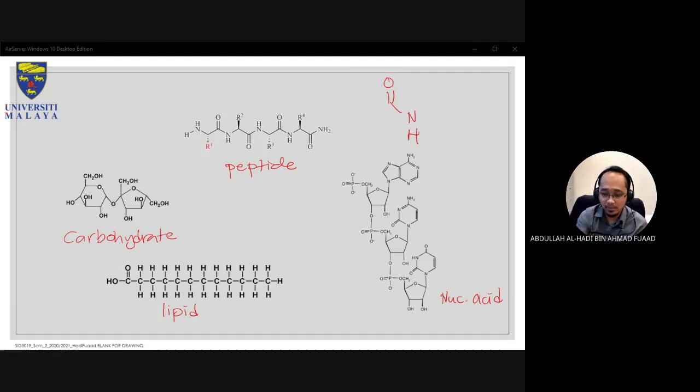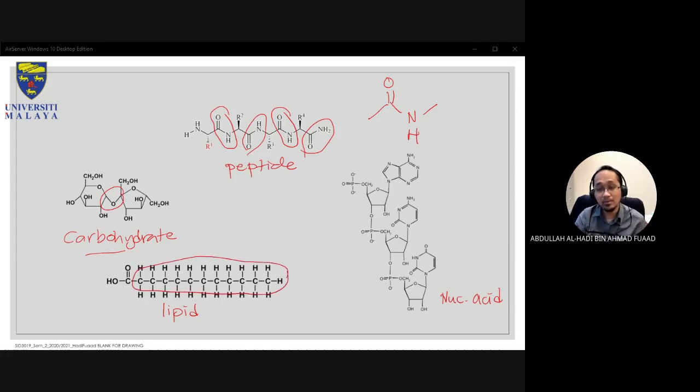So when we look here, these are the amide functional groups, and polyamide means multiple amide functional groups. In carbohydrate, you only have an ether bond, or glycosidic bond. In lipids, you have a lot of these carbon chains, and in nucleic acid, you have a phosphorus link.